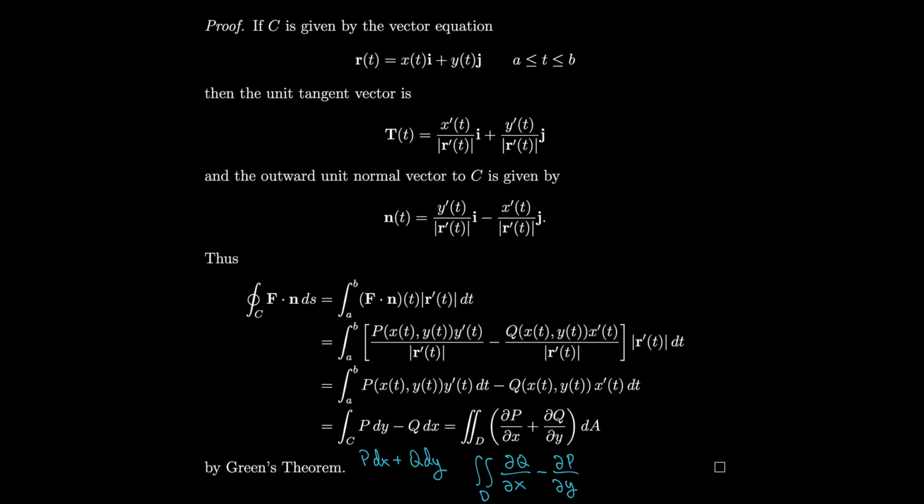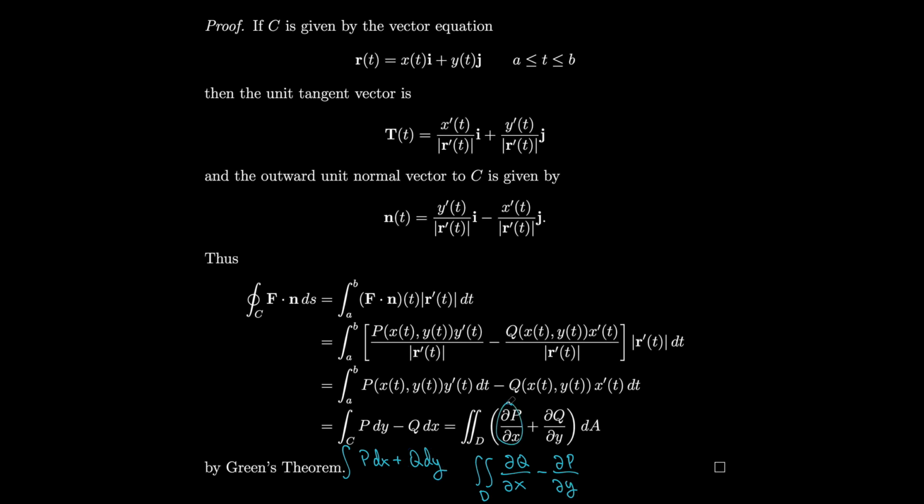We have to be a little bit careful over here, because in this case it's dy. Our x becomes a y, and our y becomes an x, because Q dx became Q dy. So this should be an x.